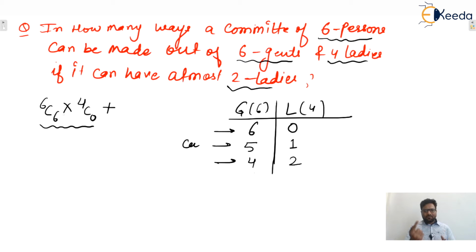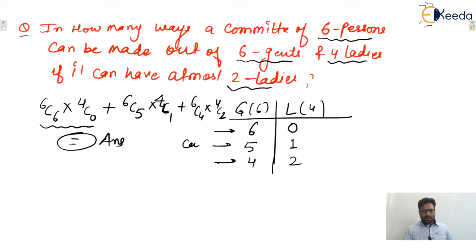That is one way only, yes or no? Next one: select any 5 from the 6 gents and 1 from any of the 4 ladies, that is 4. Next one: select 4 gents and 2 ladies. Whatever the solution of this is, that will be the answer only, isn't it? I hope this one is clear to everyone.